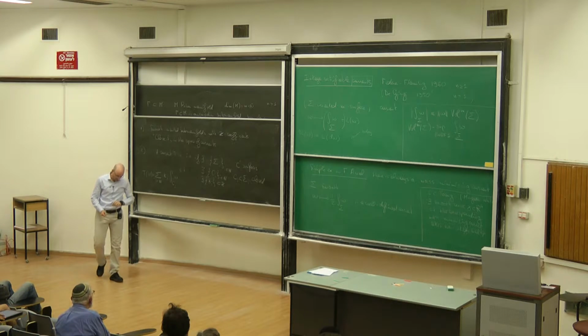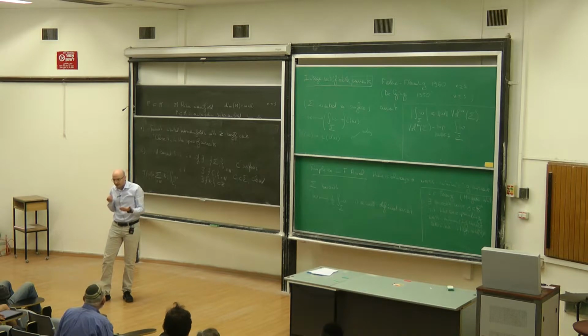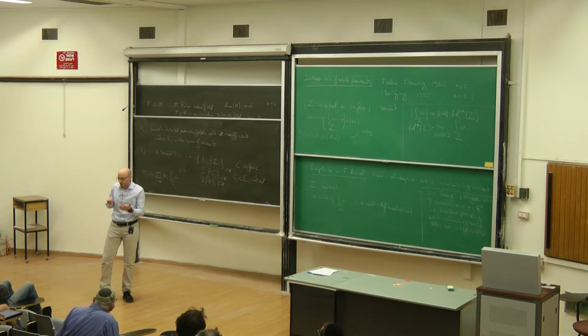Now, if you're more used to analysis and PDEs, you can think about the space of integer rectifiable currents as a nonlinear version of the space W^{1,2}, if you think about the area functional as a nonlinear version of the Dirichlet energy. So you have the Dirichlet energy, you would like to minimize it in the space of smooth functions.